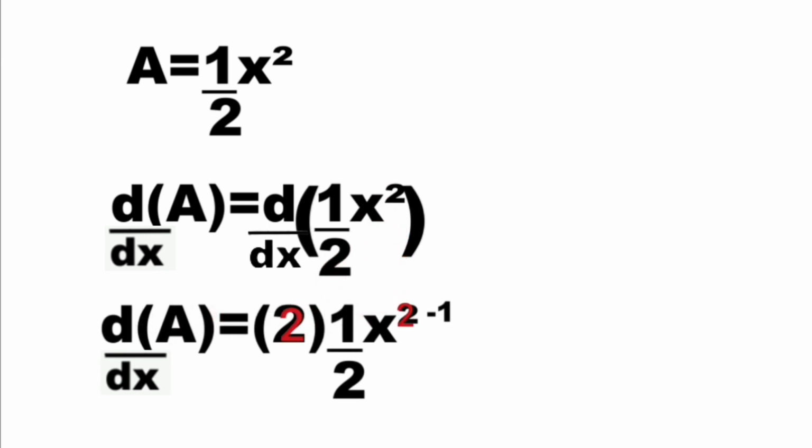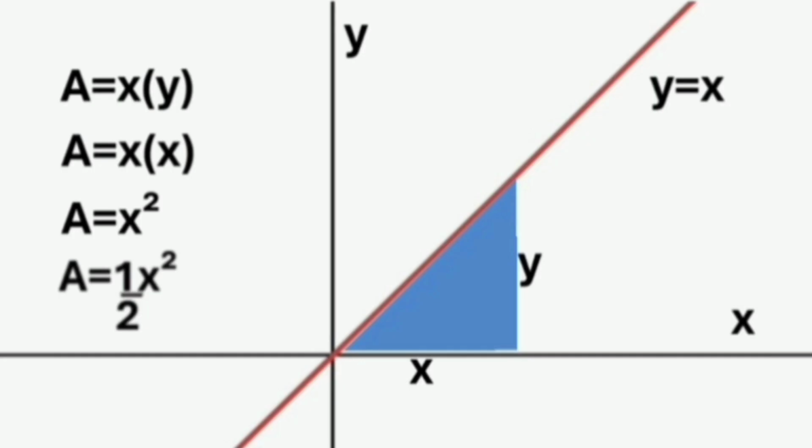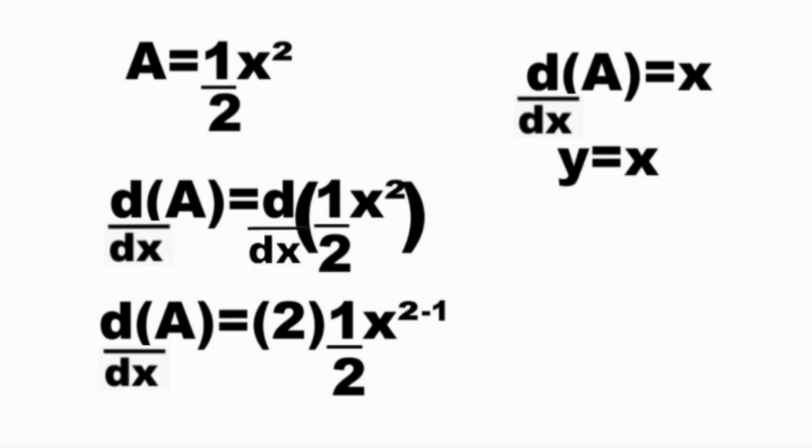So dA is equal to 2 times 1/2 x to the power 2 minus 1. 2 over 2 is 1, and x to the power 2 minus 1 is x to the power 1, so dA is equal to x. But in this case y equals x, so the area below the graph of y equals x, which is 1/2 x squared, is the antiderivative of the equation y equals x. Or area A, which is 1/2 x squared, is the integral of y equals x.